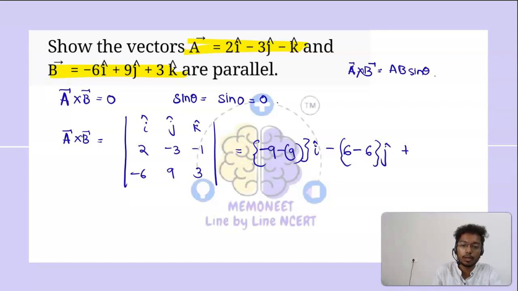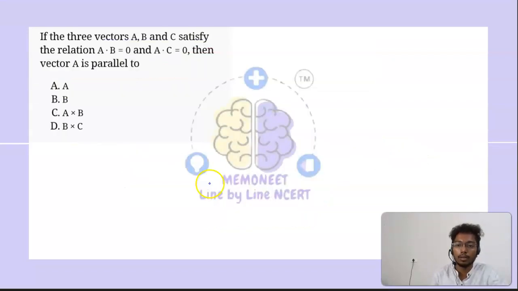Plus for the k, 2 into 9, that is 18, minus of -6 into -3, that is 18. This is equal to 0 into k cap, so it will be 0. So these two vectors are parallel.